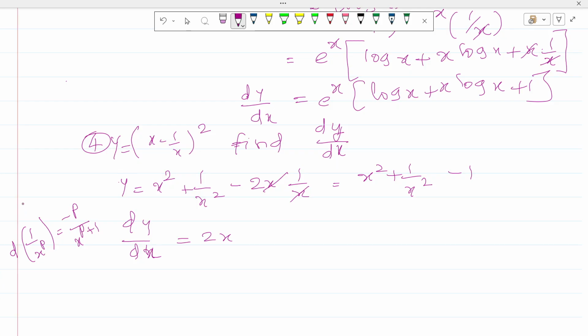That means minus p means minus 2, already minus is there, so plus 2 divided by x cube, and then differentiation of 1 is 0. So the answer is 2x minus 2 by x cube.